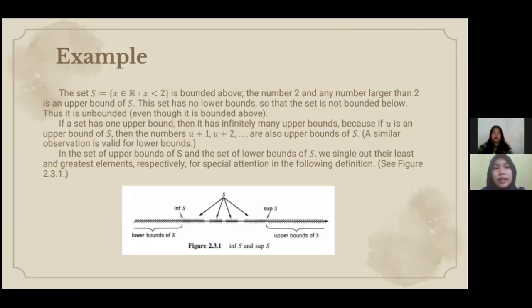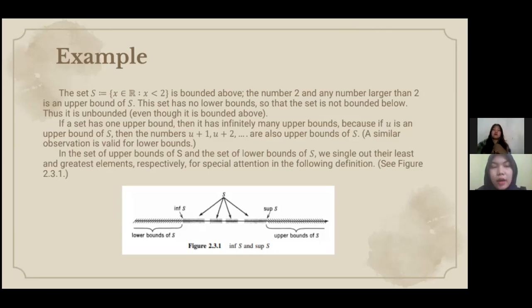If a set has one upper bound, then it has infinitely many upper bounds, because if u is an upper bound of S, then the numbers u + 1, u + 2, etc. are also upper bounds of S. This similar observation is valid for lower bounds.